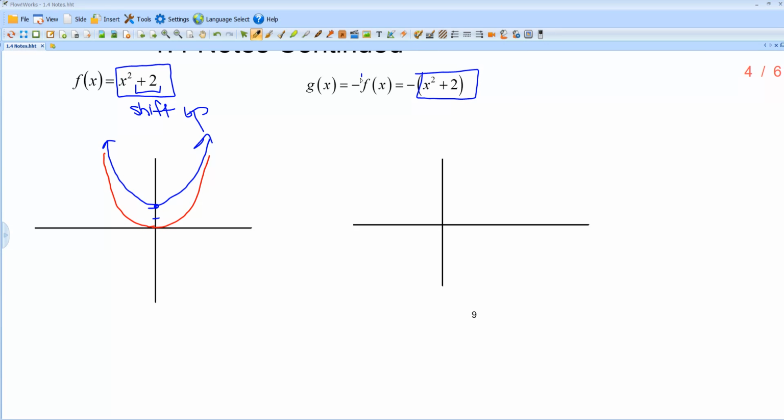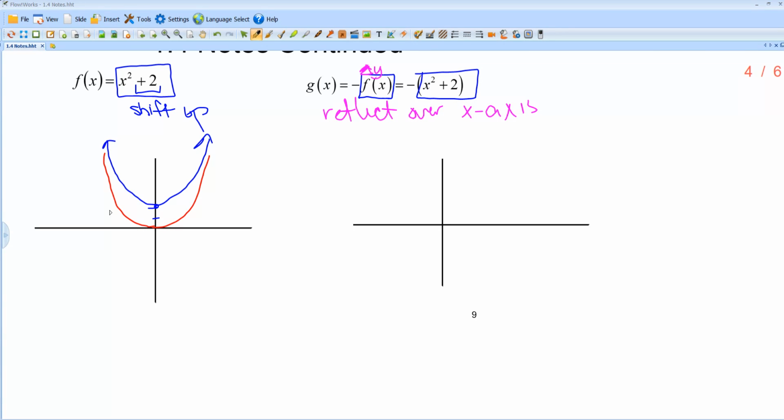So notice it's negative f of x, which means that all I did there was just, and I'm going to switch this color actually, all I did there was just changed the y value. If I was changing the x value, the negative would be exactly in front of the x. So because I'm changing my y values, what I'm doing is reflecting over the x-axis.